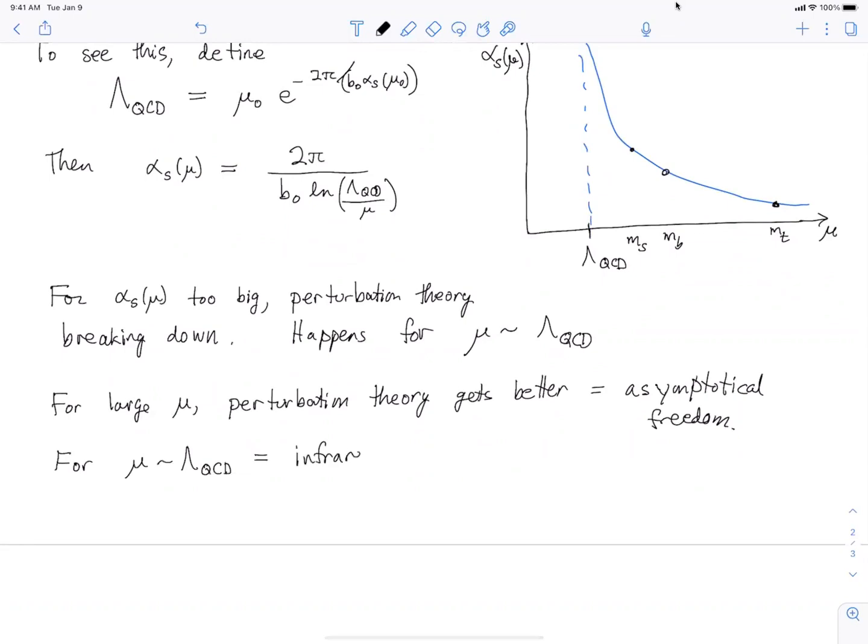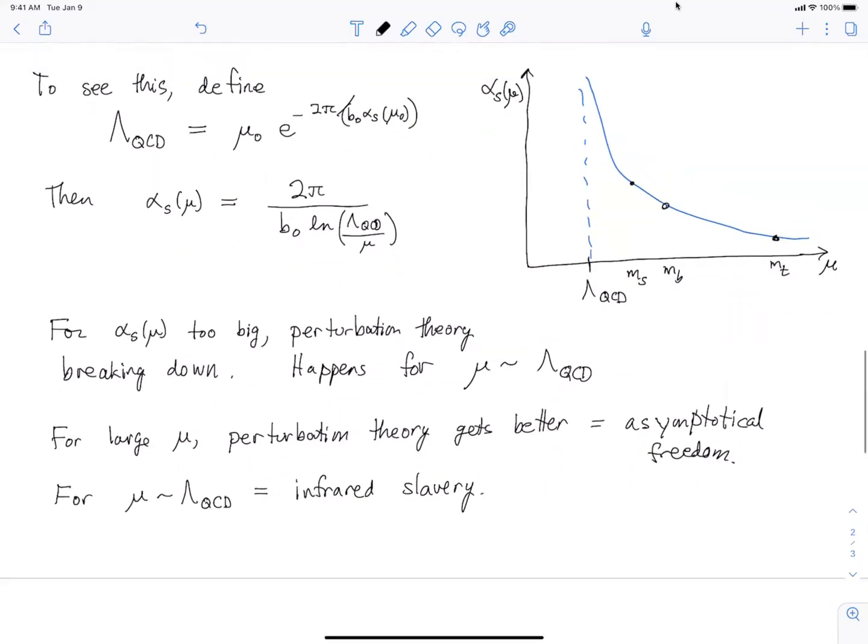And so one way of explaining why all the quarks and gluons are bound within protons is that at that characteristic energy, the coupling is so large that they can't escape. In fact, the closer you get to this, the coupling actually goes all the way to infinity.